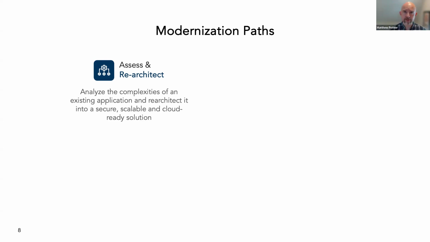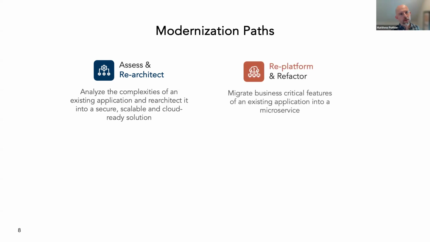We have agents that can assist in the review of the code and identify particular patterns that could translate very well to a cloud native service, whether it be a queuing pattern, or storage, or a managed database service, things like that that could easily be pulled out into a cloud native service.